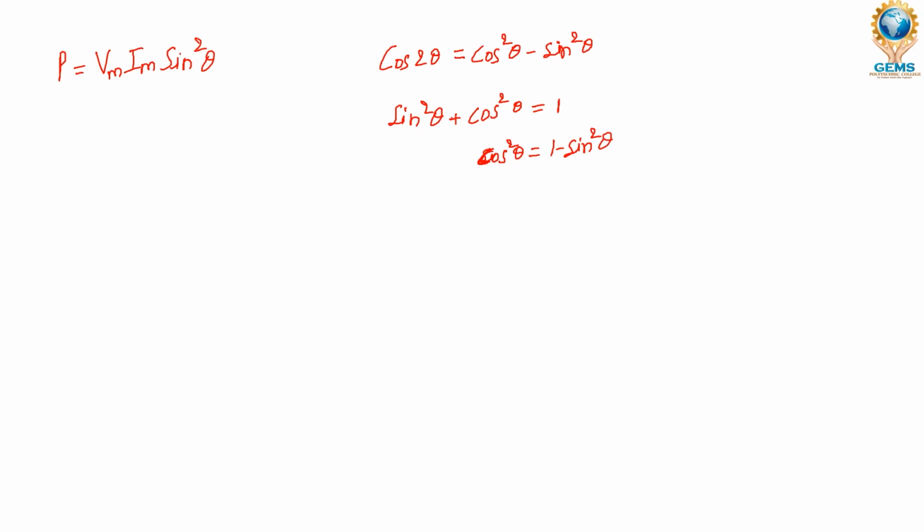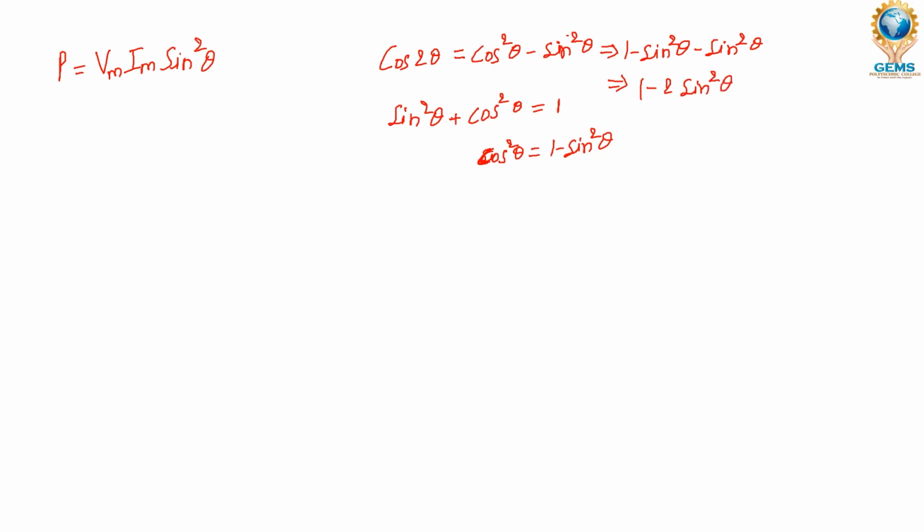If we substitute this here, in place of cos square theta we get 1 minus sin square theta minus sin square theta, that is 1 minus 2 sin square theta.